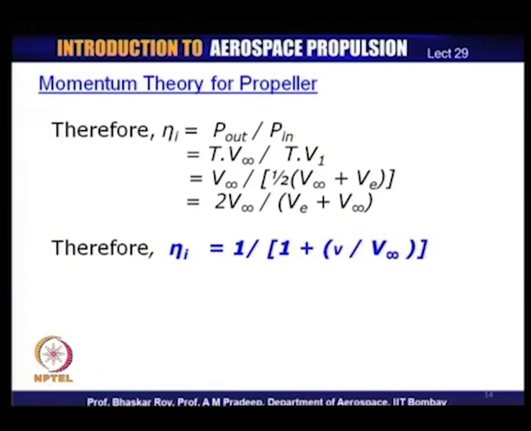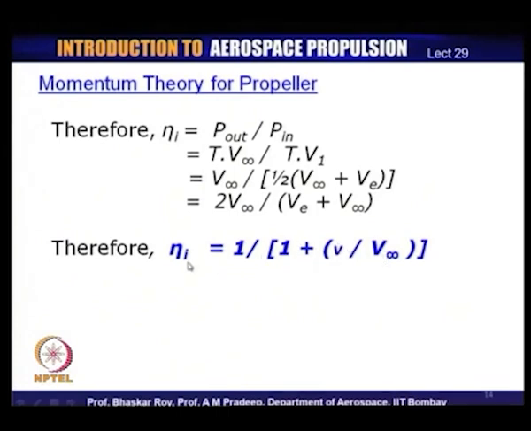So, the efficiency can now be written down in terms of power output and power input, and in terms of the velocity fields that we have been defining, and it comes out to be in terms of V infinity and V e. The final efficiency parameter can be written down as 1 divided by 1 plus the small v, which is the induced velocity, by v infinity.